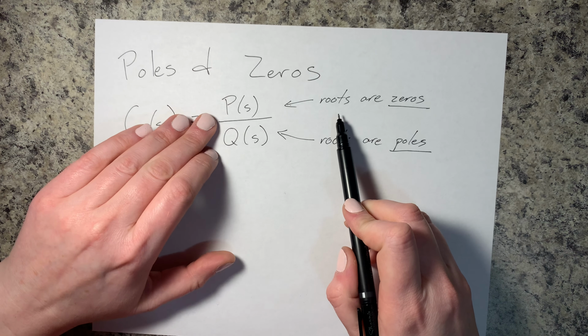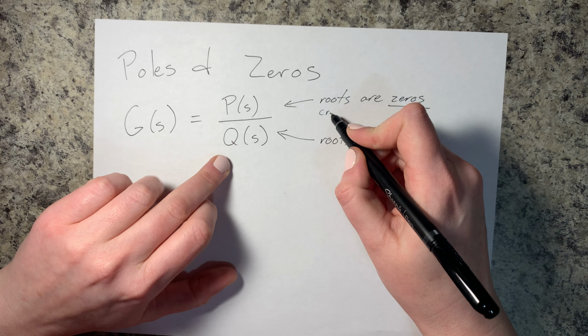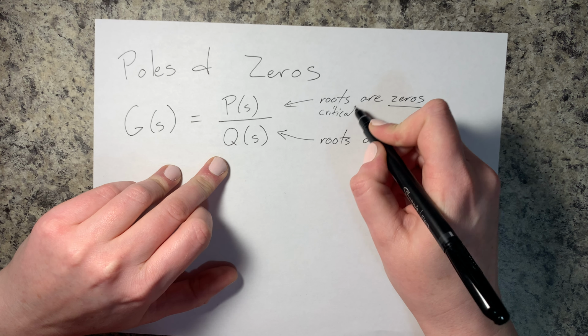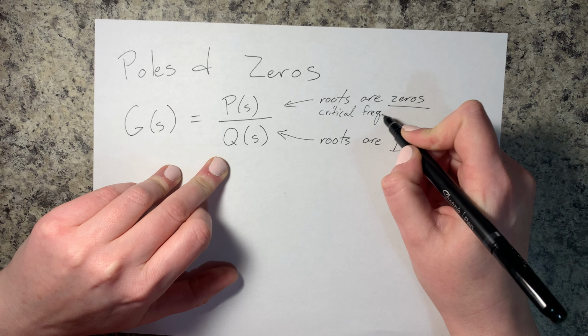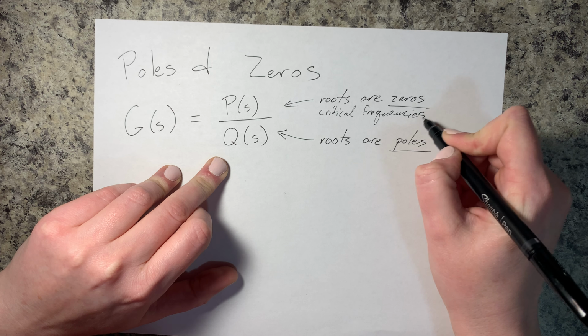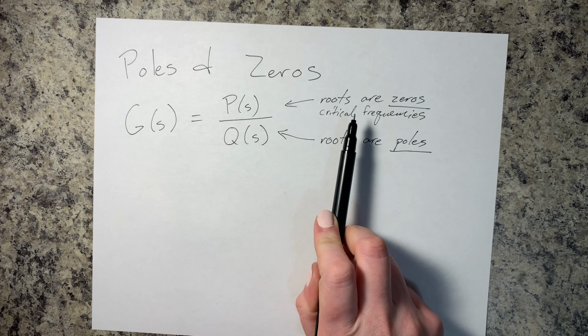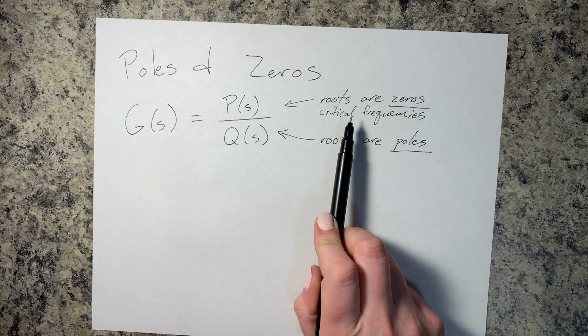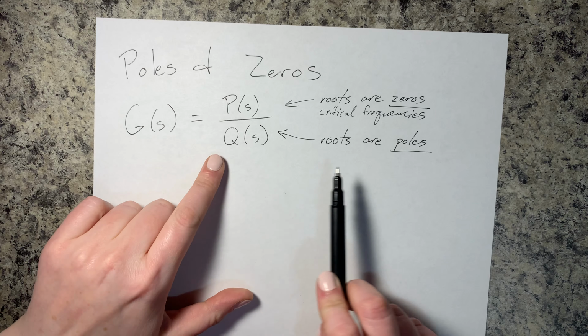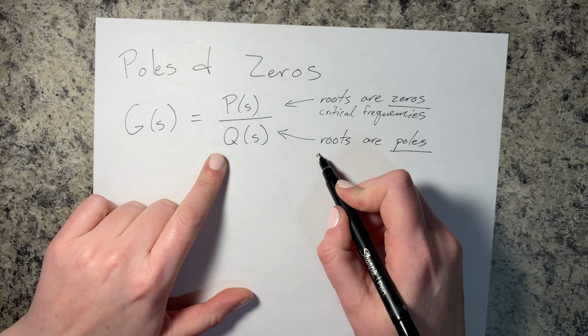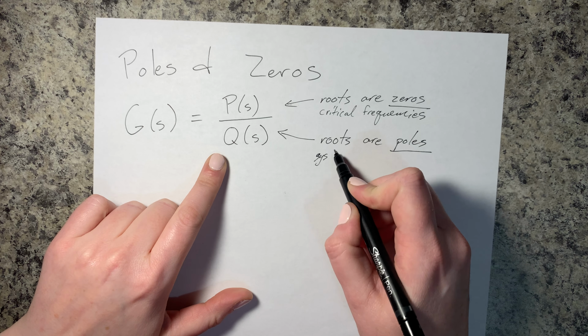The zeros give us critical frequencies. These will be interesting to us when we look into root locus, and then also when we look at Bode plots. And the poles give us the system stability.